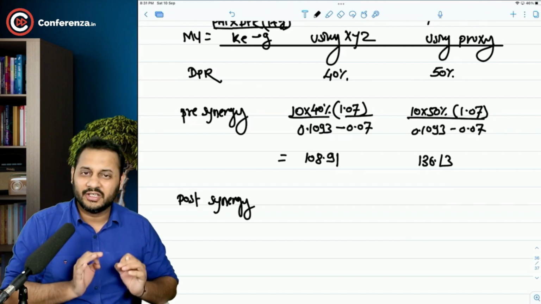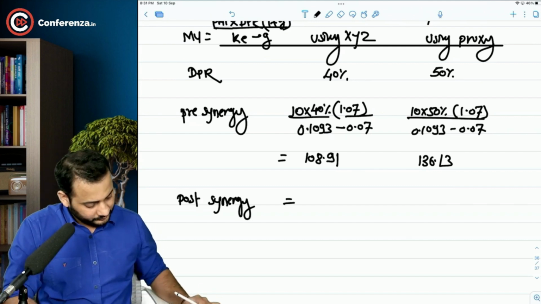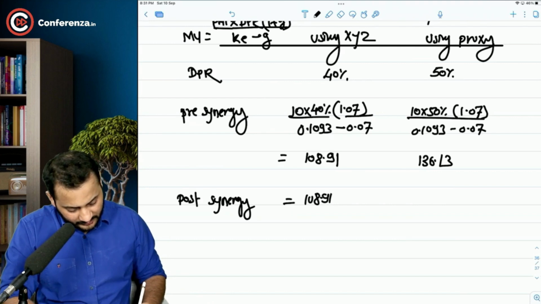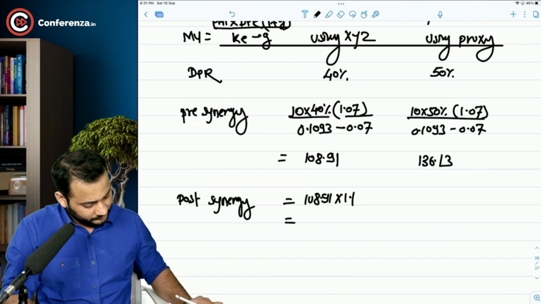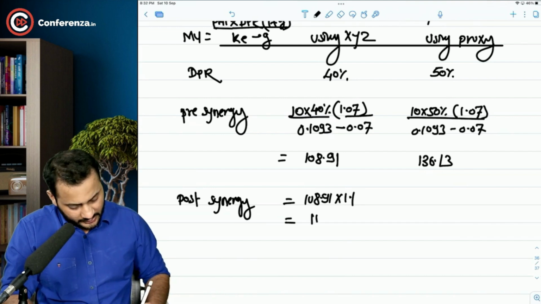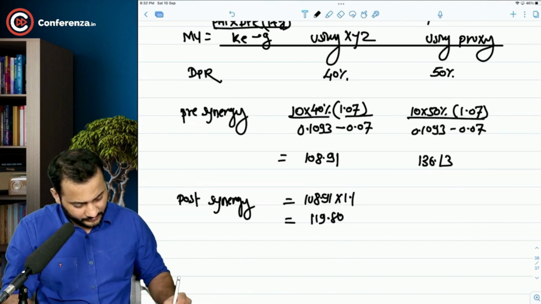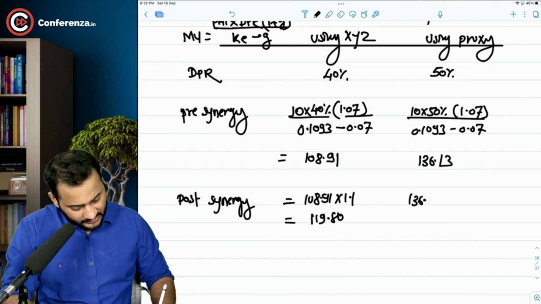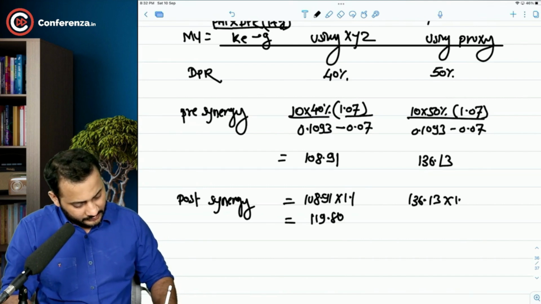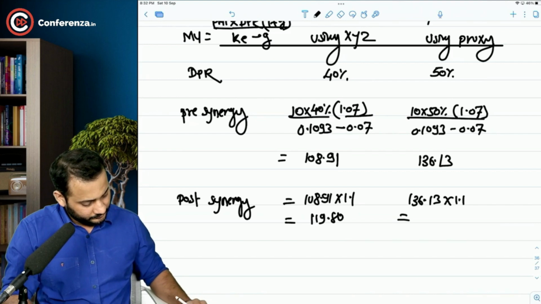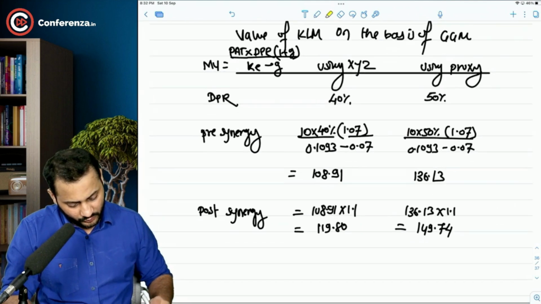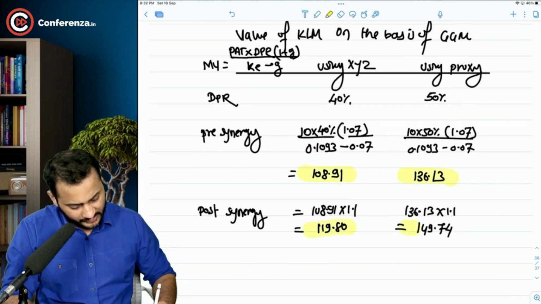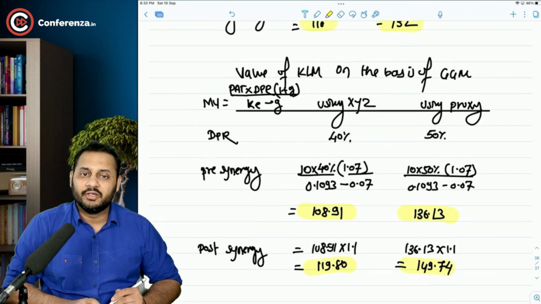You just have to increase it by 10%. 108.91 into 1.1 is 119.801, and 136.13 into 1.1 is 149.74. So we have the four values here, 1, 2, 3 and 4 according to the dividend payout ratio.